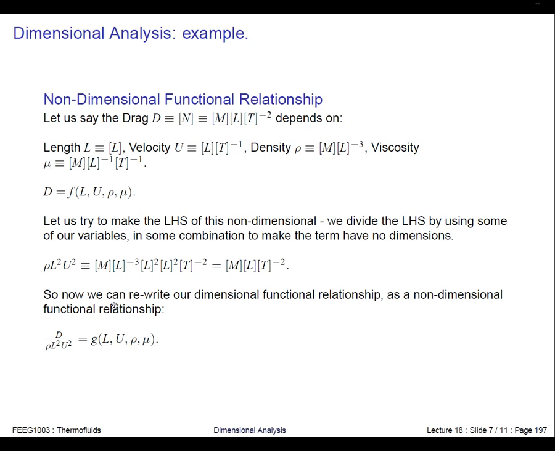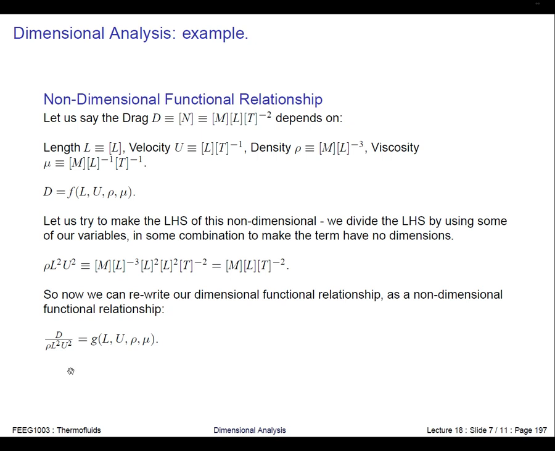So it turns out if I use 1 density, 2 lengths and 2 velocities, and I put them together, I come up with this magical result that the dimensions of these 3 variables taken together is the same as the dimensions of drag. And then I say, well, okay, I've got this group of variables, so I'm going to divide the left-hand side and the right-hand side of this equation by rho L squared U squared. So that's fair enough, I can do that.